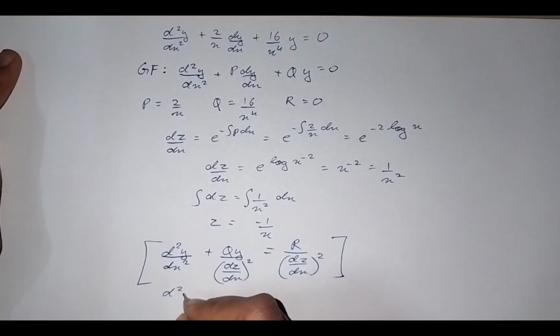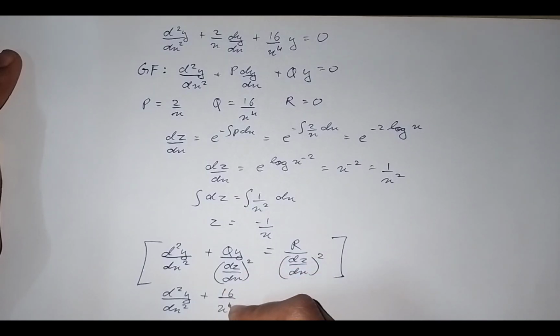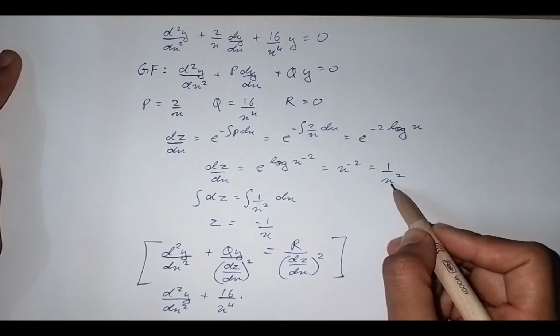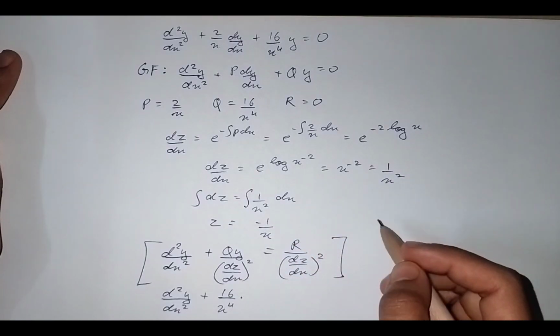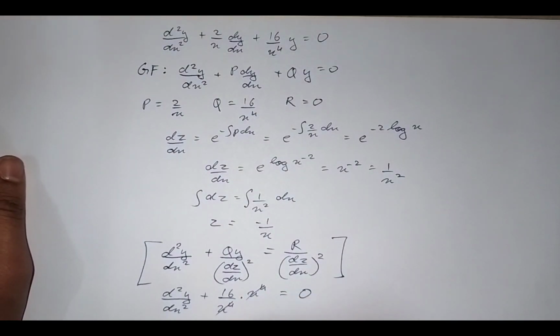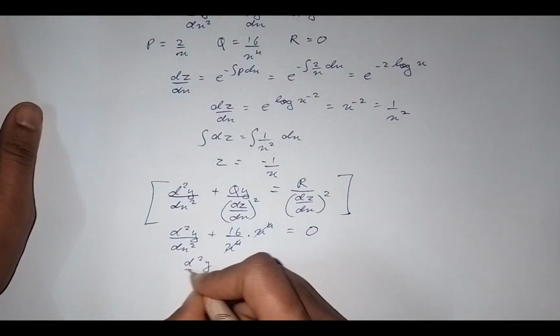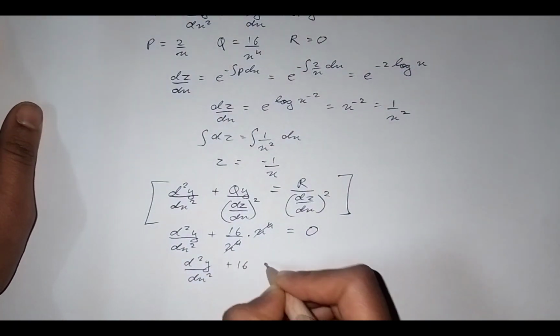So we get d square y by dx square plus q, which here is 16 by x to the power of 4, into, here dz by dx is 1 by x square, so we get into (1 by x square) the whole square. So it becomes x to the power of 4, is equal to 0. Now these two cancel and we get the equation d square y by dz square plus 16y is equal to 0.